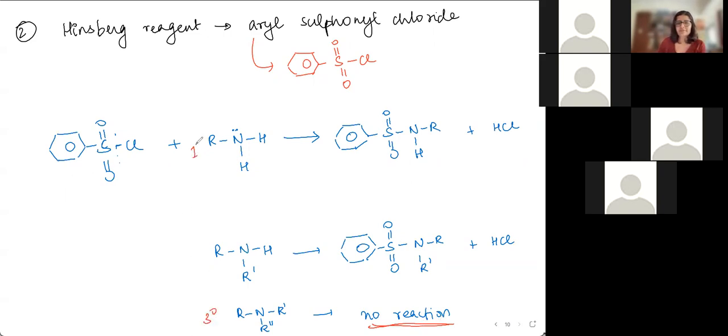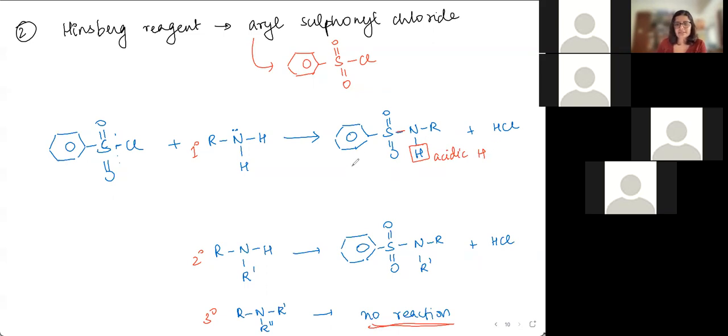Now, what's the difference between the product in primary and secondary amine? Because sulfonyl is an extremely electron withdrawing group, just like carbonyl, carboxyl, all of these, this particular hydrogen ends up being an acidic hydrogen.